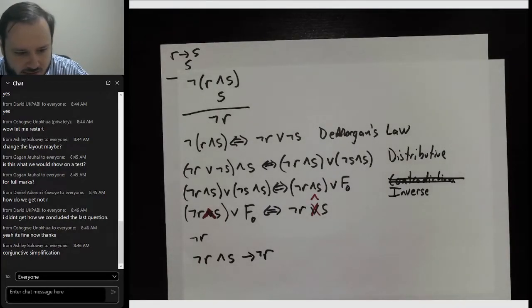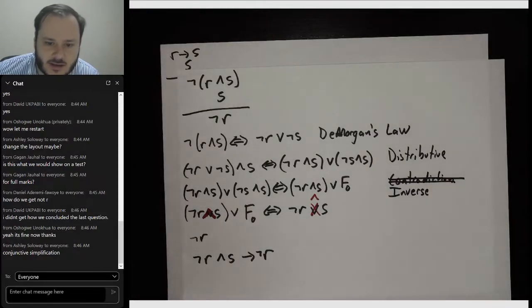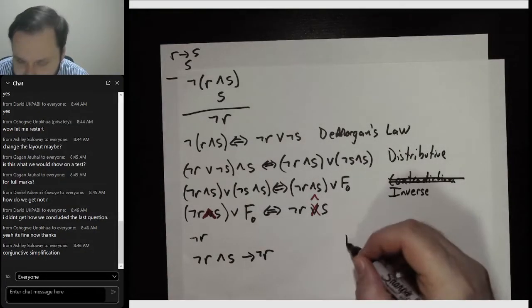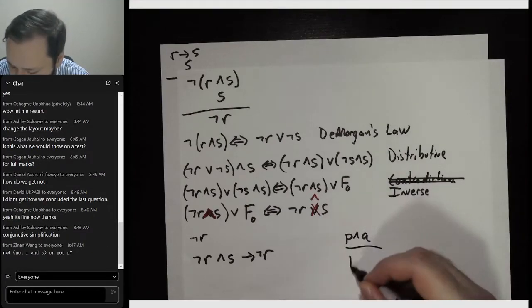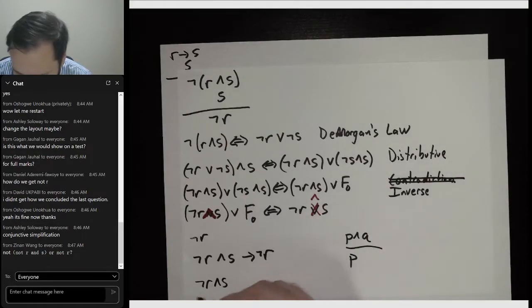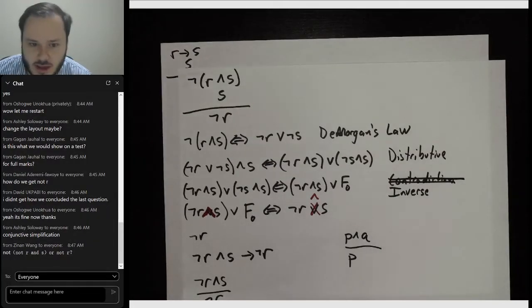So one of our laws of inference, if we check our list, it was not one I believe that we mentioned in class just because we didn't go through all of them, but in the list of logical implication rules of inference in the definitions and theorems, we have the rule of conjunctive simplification, which says P and Q, you can conclude P. So we have not R and S, we can conclude not R, and that's okay.